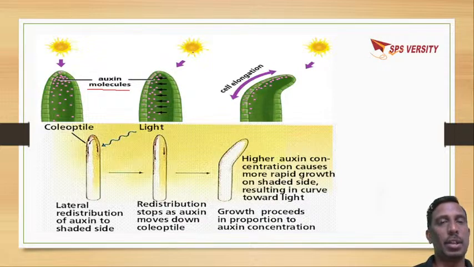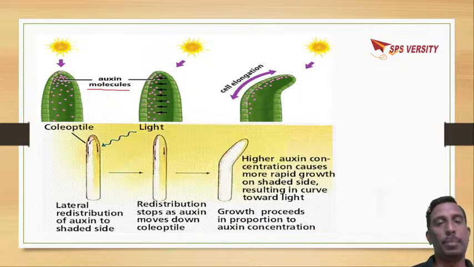So here if you look into this, the unilateral light, when light falls on one side of this coleoptile. So there is less distribution of auxins on this side where light falls. On the shaded region, there is high distribution of this.